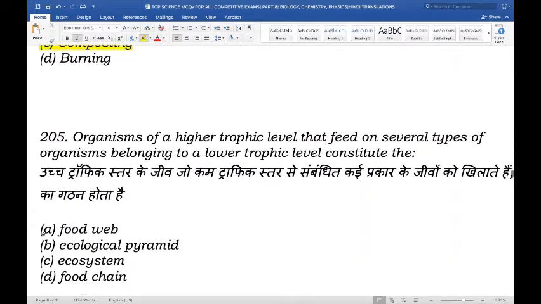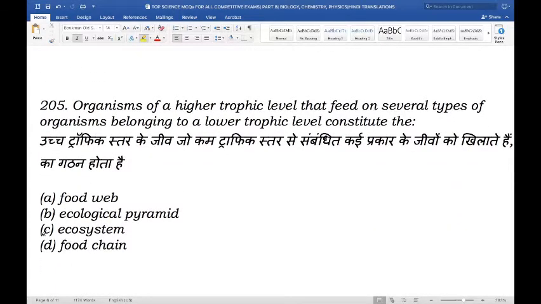Moving on to the next question. Organisms of a higher trophic level that feed on several types of organisms belonging to a lower trophic level constitute the, is it A, food web, B, ecological pyramid, C, ecosystem, or D, food chain?